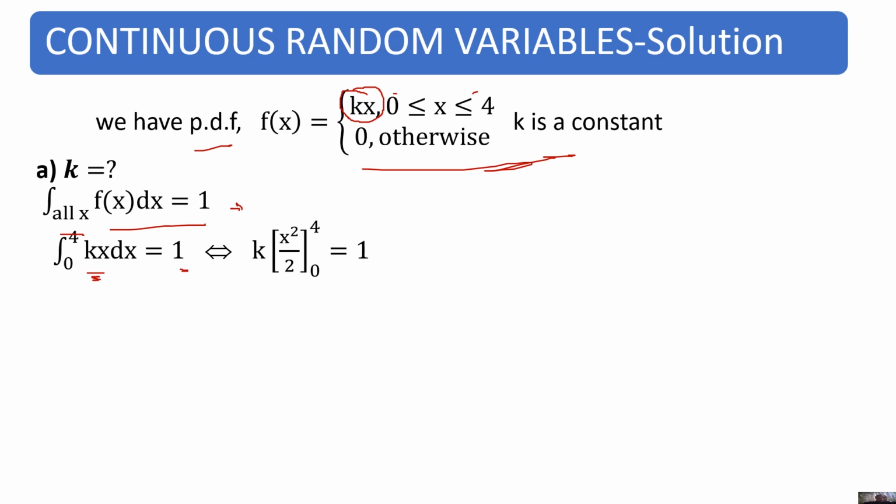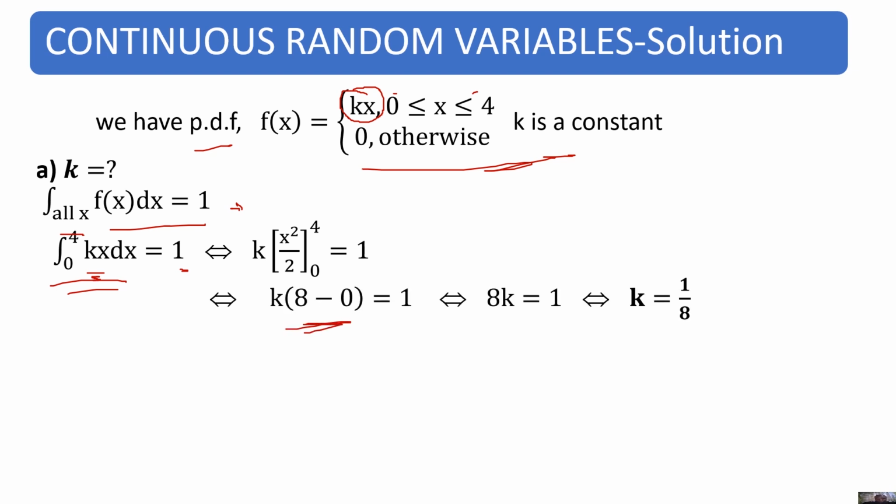So when we integrate here, k is a constant, so we integrate x dx, and it is going to be x squared over 2, and all of this integral gives k times x squared over 2 calculated from 0 to 4, which is equal to 1. Next is to replace x by 4 and x by 0, then we subtract the solutions.